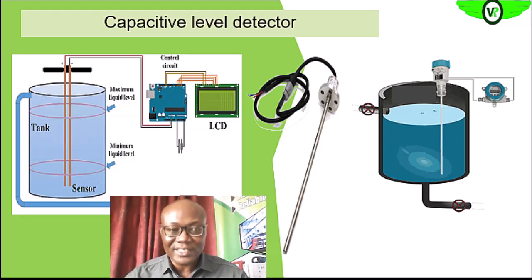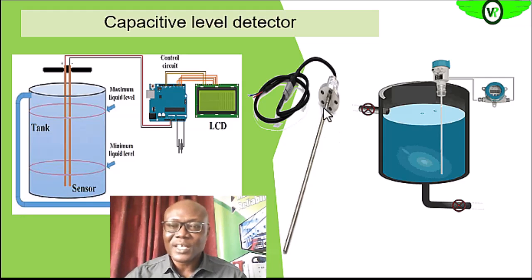And as the height is increasing, the concentration of that electrolyte between these electrodes is now helping to form a capacitive cell. So that capacitance is what will be detected and calibrated to give us a direct reading of the level of the fluid in the vessel.